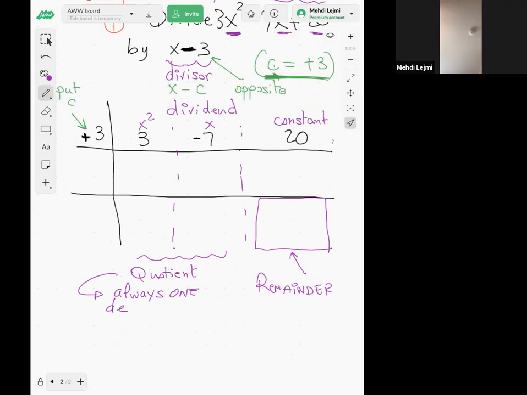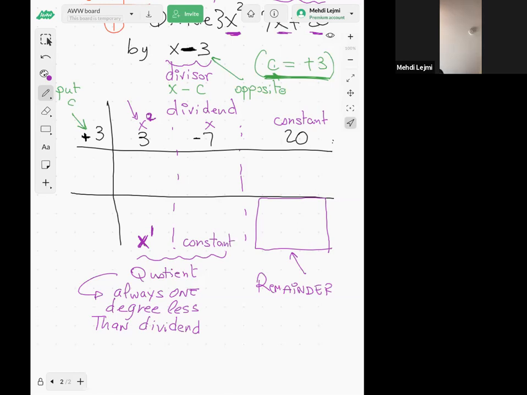My dividend started with x squared, so for the quotient, we start with x to the power 1, because you subtract 1 from the power. After x, there will be a constant here.